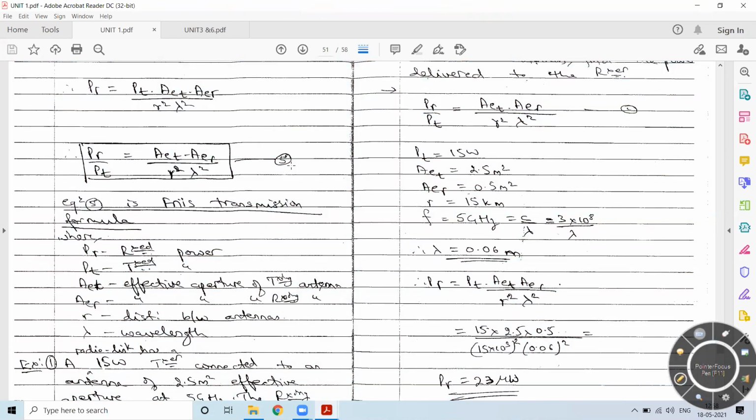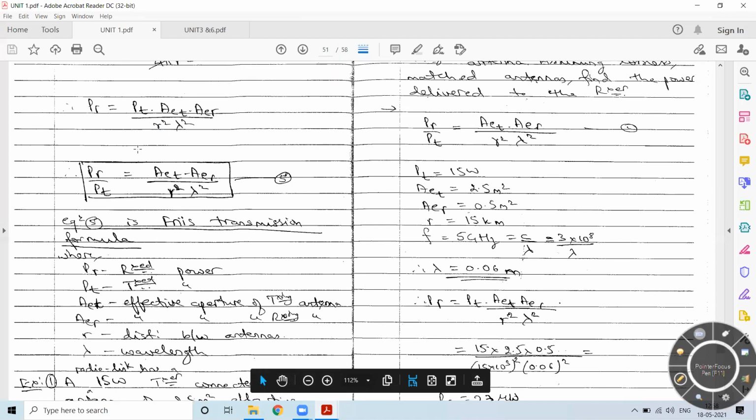That is, indirectly, if you increase the frequency, you can increase the received power. And if you increase the distance between the communicating antennas, the received power at the receiving end will be reduced by the square of the distance between them. These are the aspects which control what amount of power will be received.